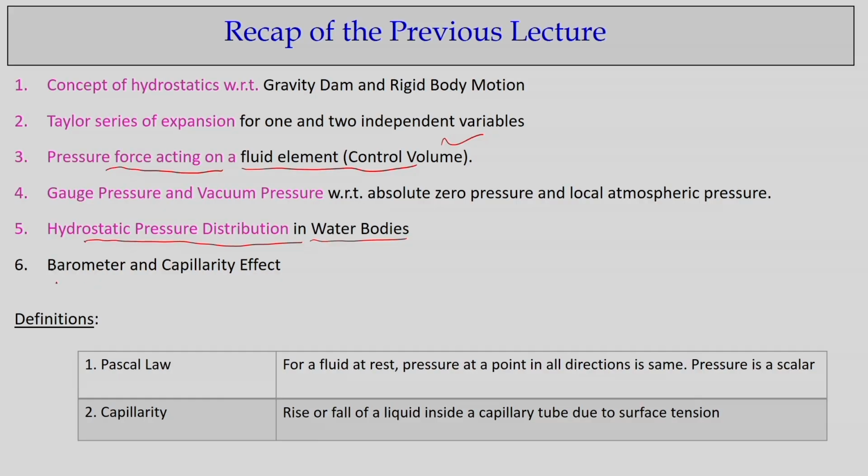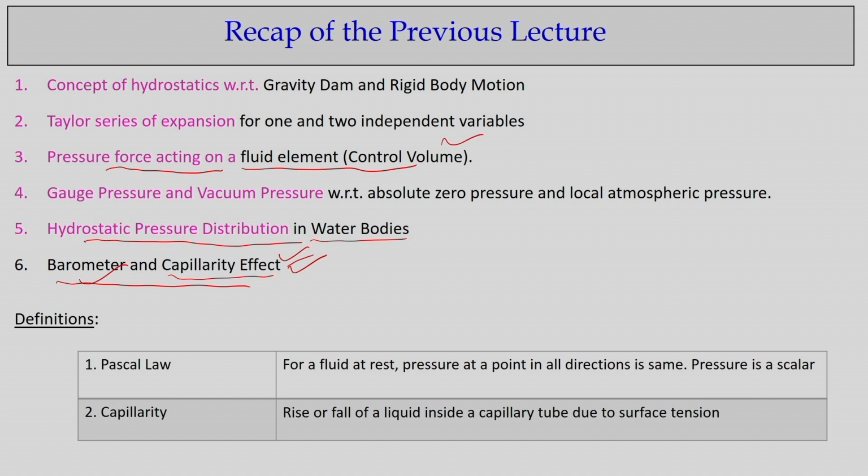We also discussed how the simple capillarity effect is considered for mercury in a tube used to measure atmospheric pressure, that is, a barometer, and how this capillarity effect was computed using the control volume concept, not simply equating force components.